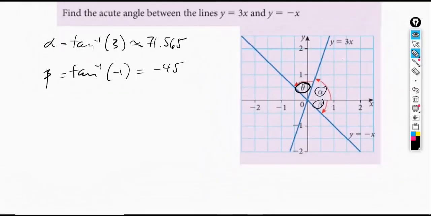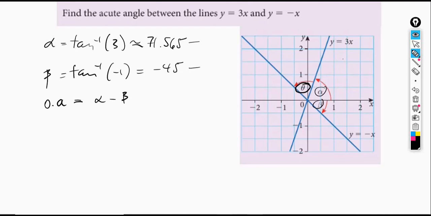But these measurements don't help us right now, right? Because what we need to find is theta. Theta is the acute angle, but first the obtuse angle, because lines will make one obtuse angle and one acute angle, unless they're perpendicular. So the obtuse angle is going to equal alpha minus beta.